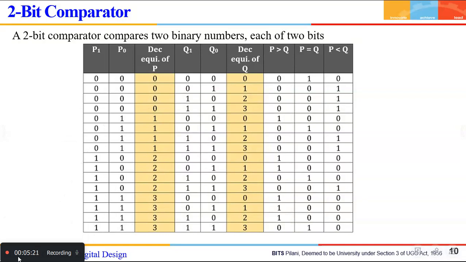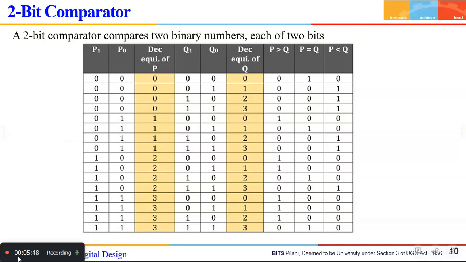Now, knowing this, how can you do a 4-bit comparator? How many inputs will be there? Right? How do you solve the equation? 8-input Karnaugh map.